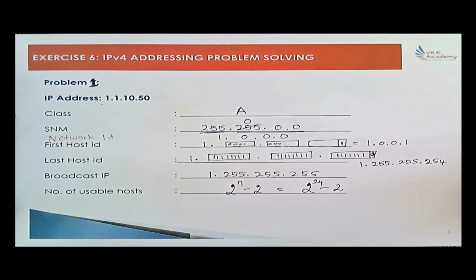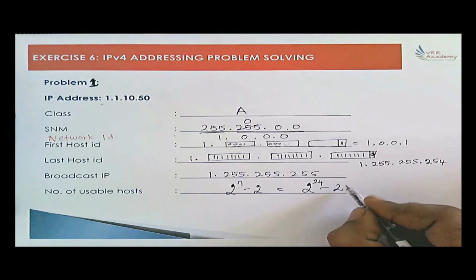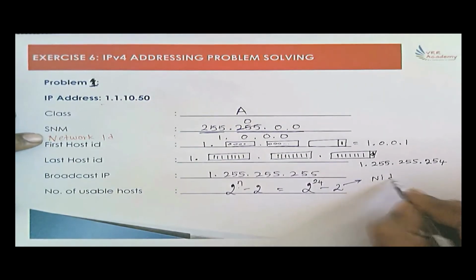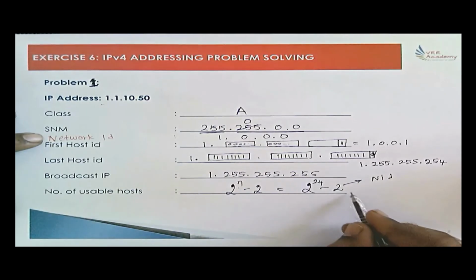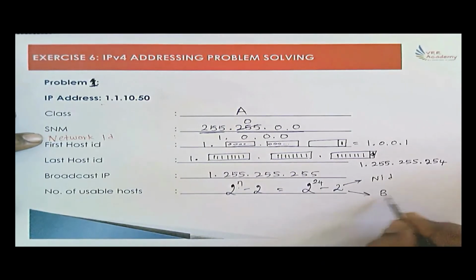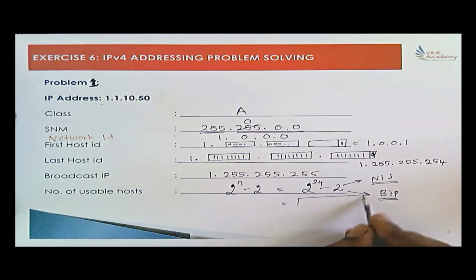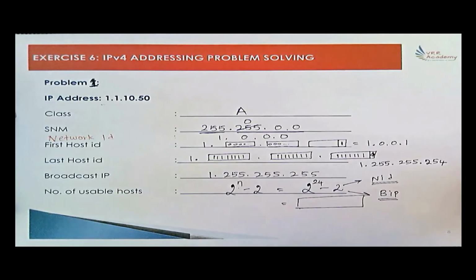What is this minus 2? One is for the network ID, and the second is for the broadcast IP address. These two we reduce from the total. If you calculate this, you can refer to the first exercise, where we have given this value, so you will get the answer. This is going to be the total number of usable hosts.